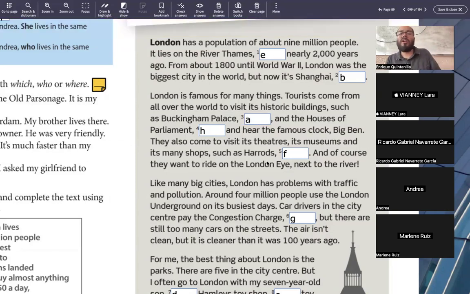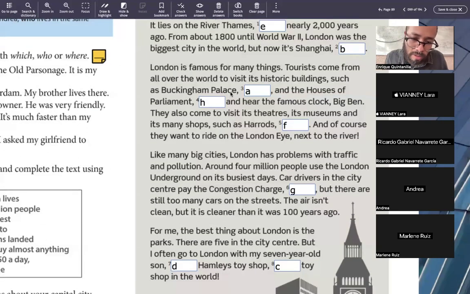You can visit Borda Garden, etc. ¿Vale? Here, second paragraph, you talk about the attractions, the most important monuments, the most important landmarks of the city, of your city that you are going to choose.